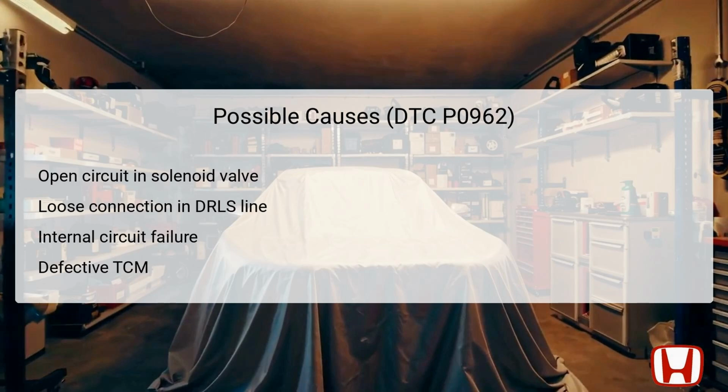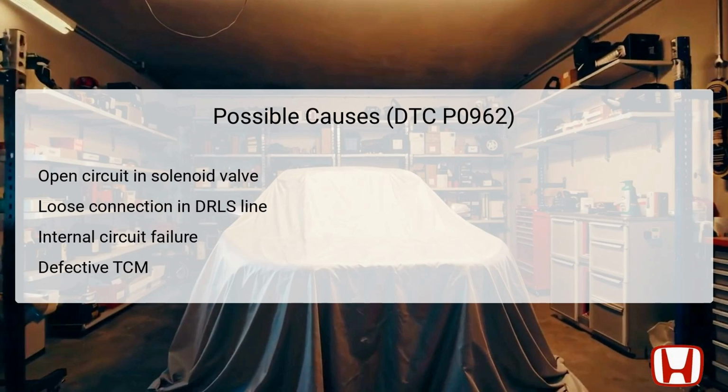Several factors may lead to the activation of DTC P0962. One possible cause is an open circuit in the CVT drive pulley pressure control solenoid valve, which could arise from damaged wires or a break in continuity. Another possible issue is related to the DRLS, drive relay signal line, which may have a loose connector or disconnection, preventing the proper electrical signals from reaching the solenoid.